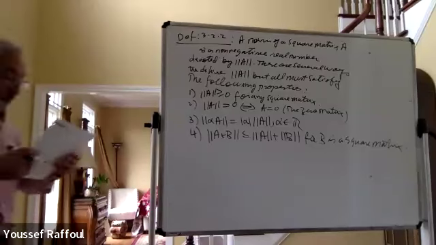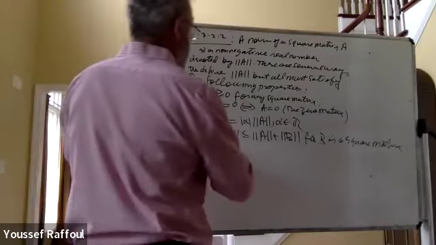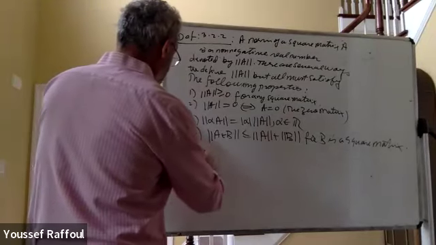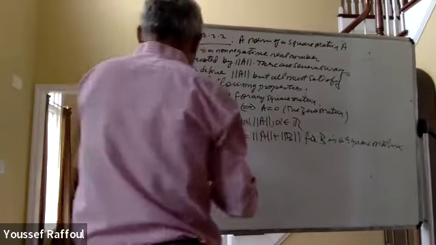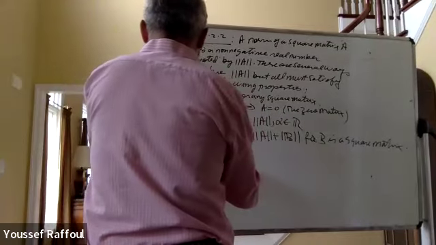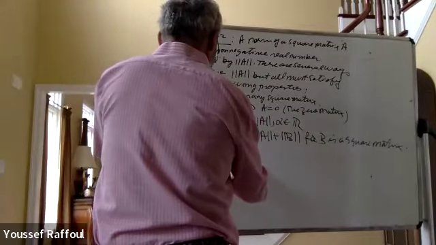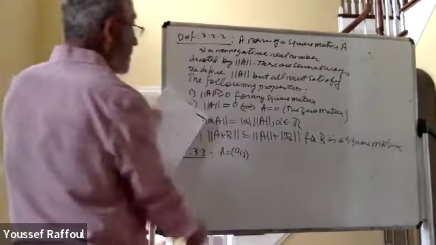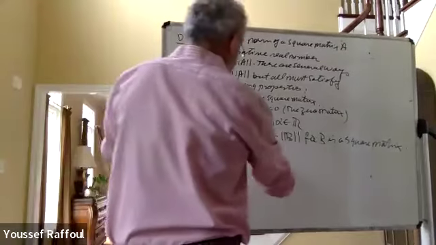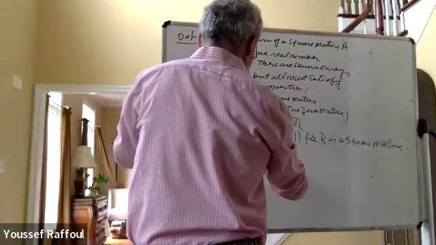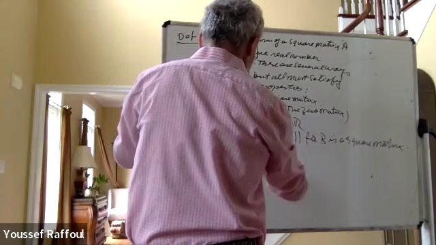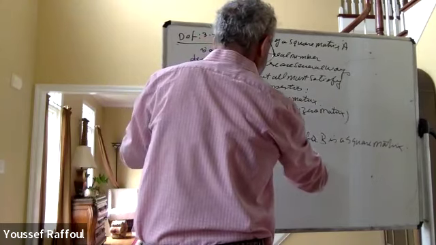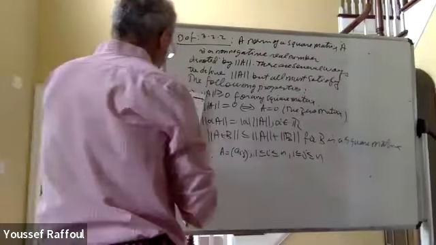Any questions? So here is an example, 3.3. Let's take A equal (aij), so this is a matrix, with 1 less or equal to i less or equal to n, 1 less or equal to j less or equal to n.